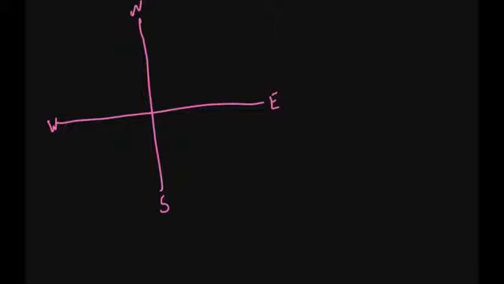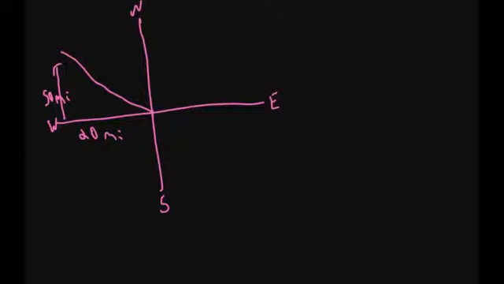Alright, let's do one more. Let's say we have a boat. It starts at the origin, and it goes in a straight line, and it ends up 20 miles to the west and 50 miles to the north. We need to find what that vector is.